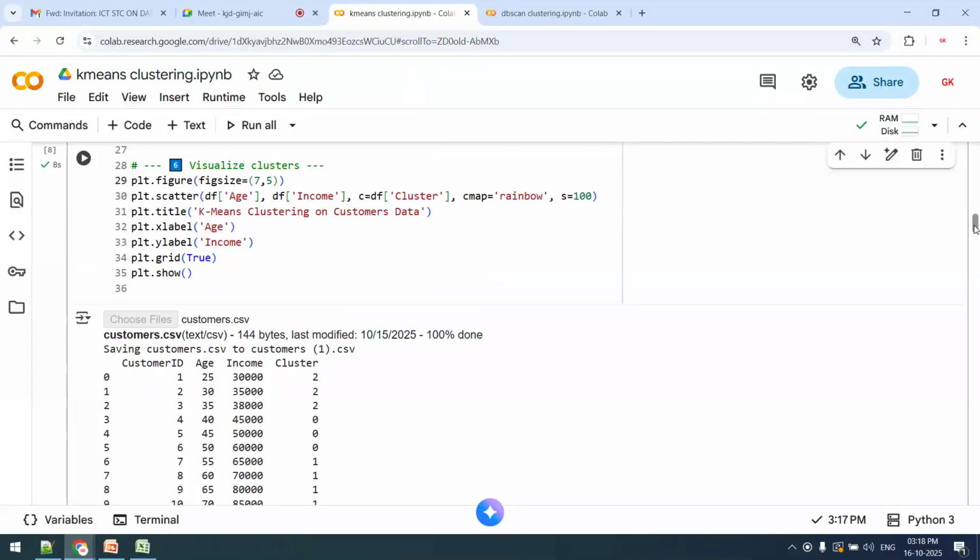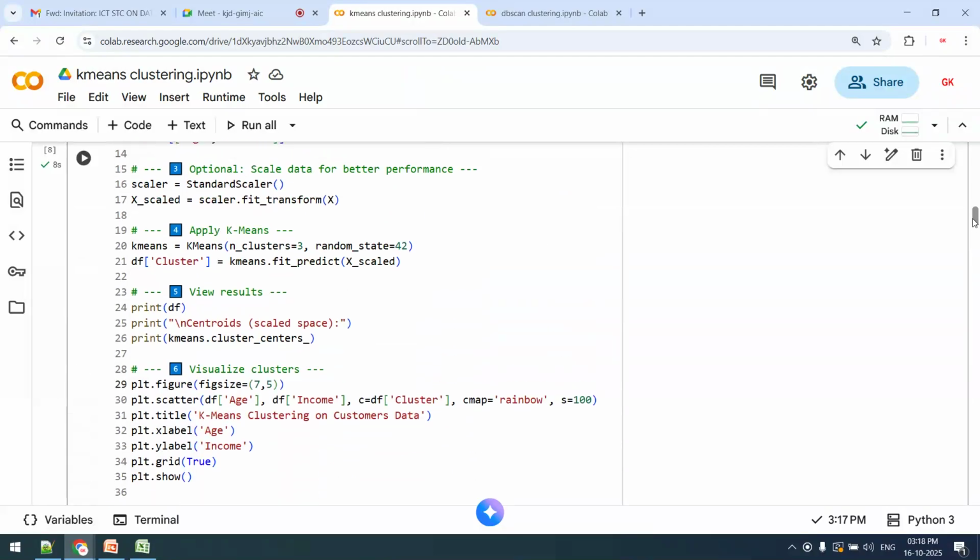But what is the major challenge? How to decide the optimal number of clusters? If we have a large data set or a realistic data set, then generally the number of clusters is not predefined.